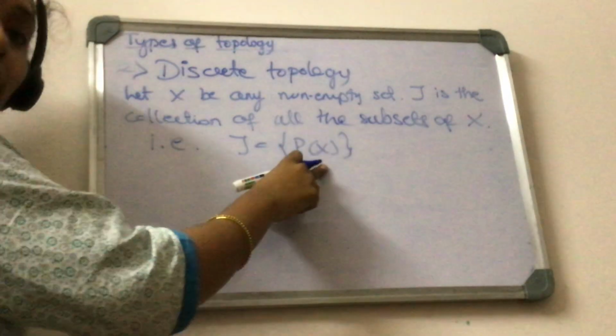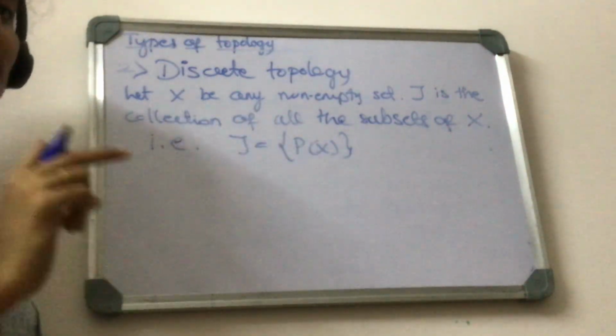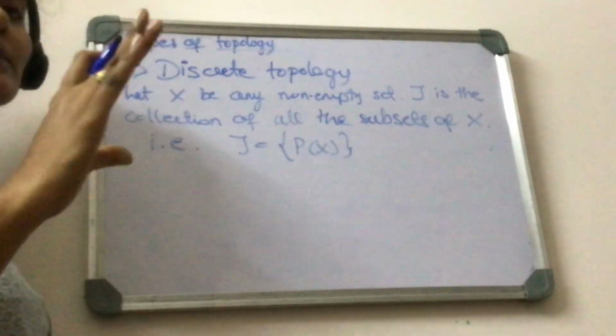It's a power set of X. Power set means, power set is a set which contains all the subsets of X.